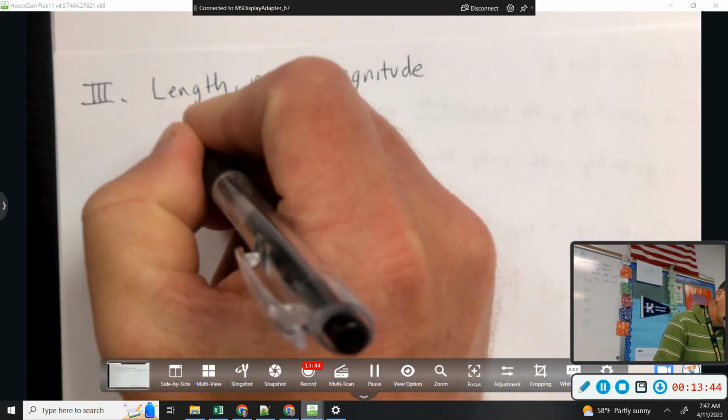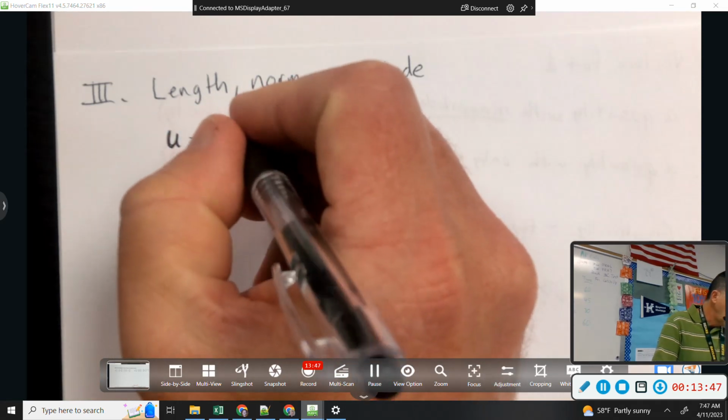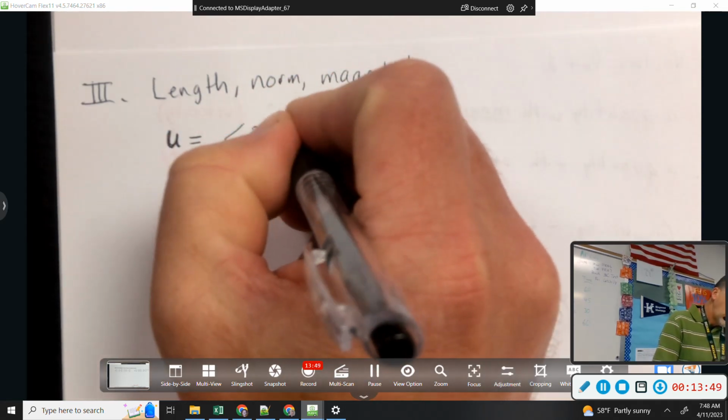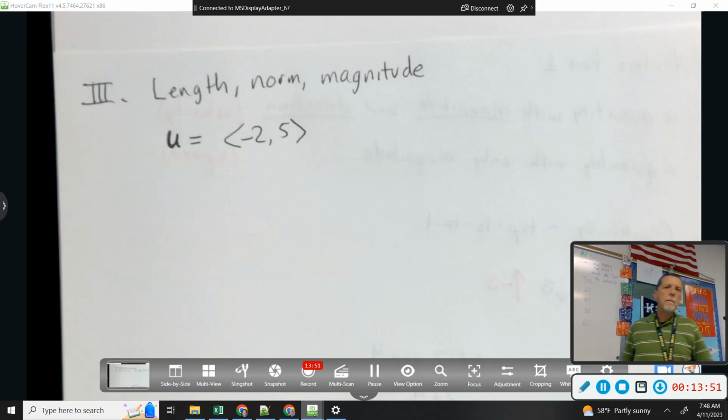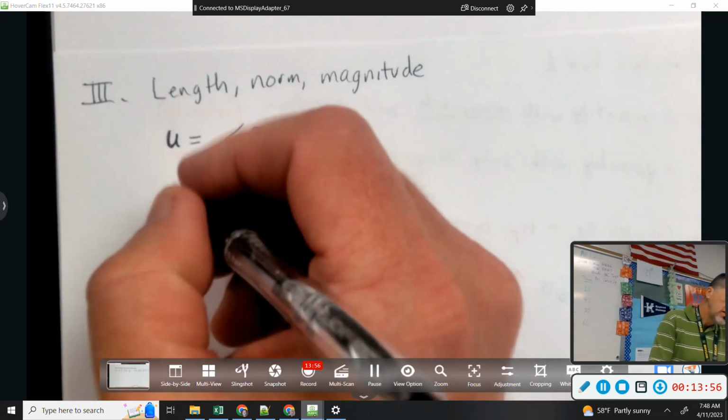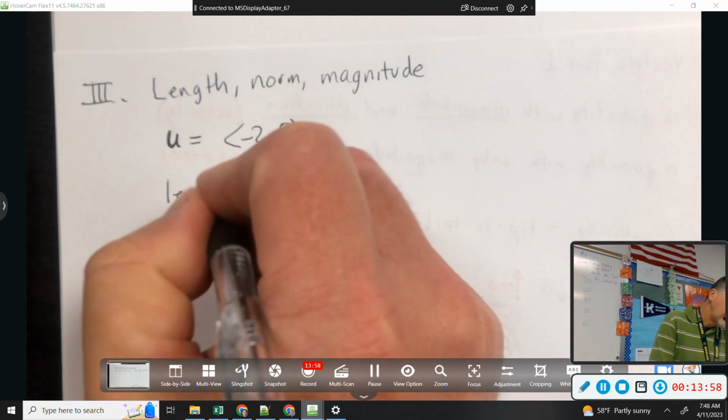So let's say vector u is negative 2, 5, and we want the length of u.